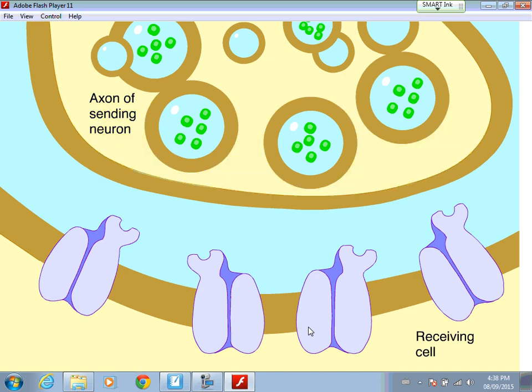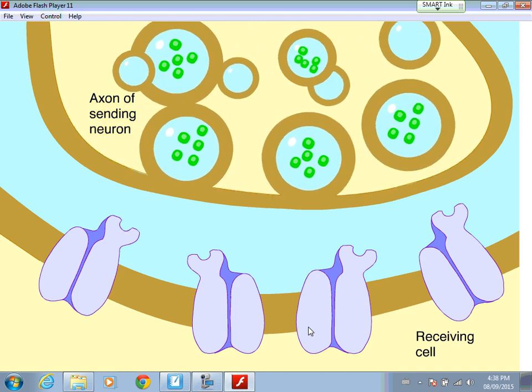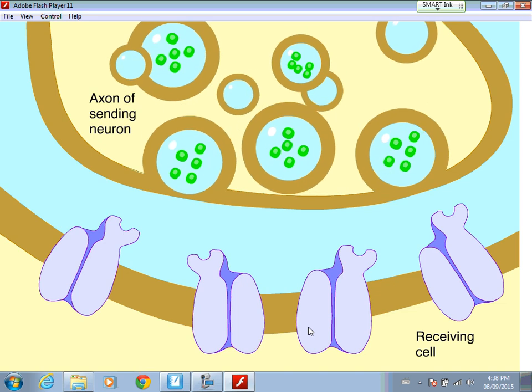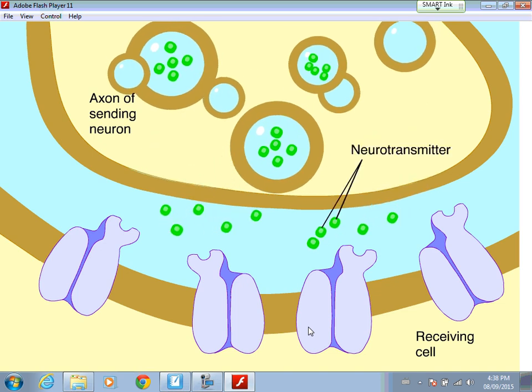This causes chemical changes that make vesicles containing a chemical called a neurotransmitter fuse with the plasma membrane. The neurotransmitter molecules spill out into the synaptic cleft, diffuse across, and bind to the receptors on the receiving cell's membrane. The binding of neurotransmitters to receptors causes the attached ion channels to open.